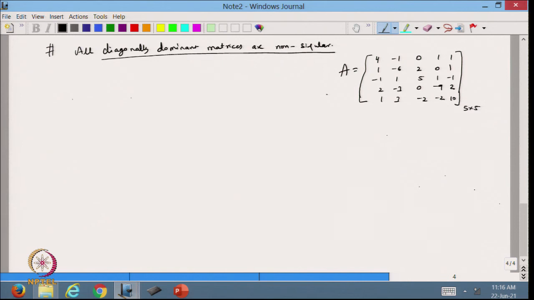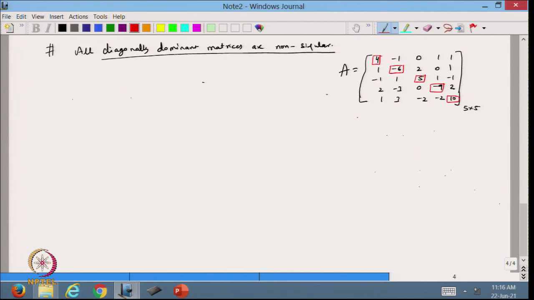But now from here, if you check that this matrix is diagonal dominant, because this 4 is greater than the summation 3, 6 is greater than 1 plus 2, 5 is greater than the summation of the modulus values of all the other elements, that is 4, and here 9 is greater than 3 plus 2 plus 7, and this is greater than, because the modulus value is going to give you 3 plus 1, 4 and 4, 8.